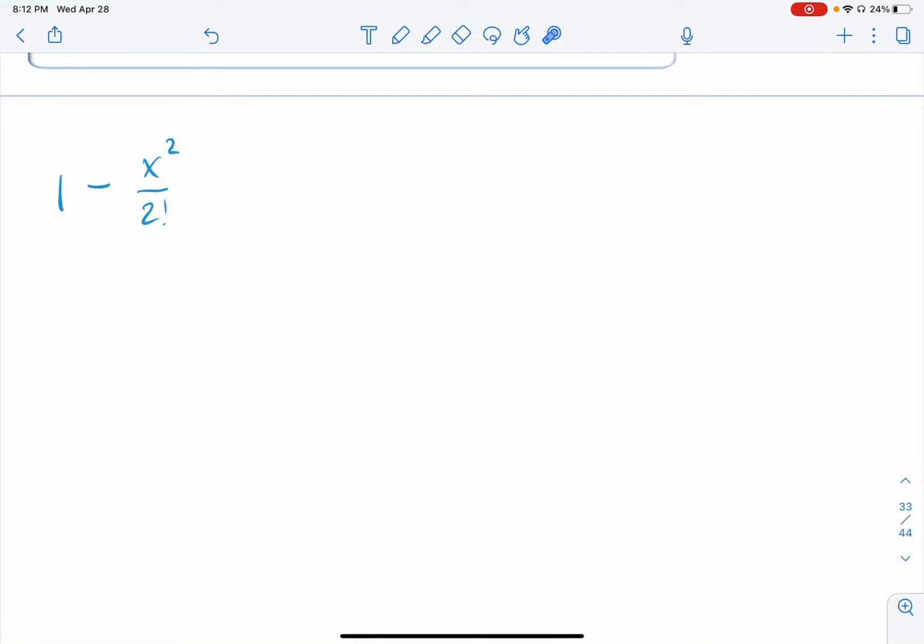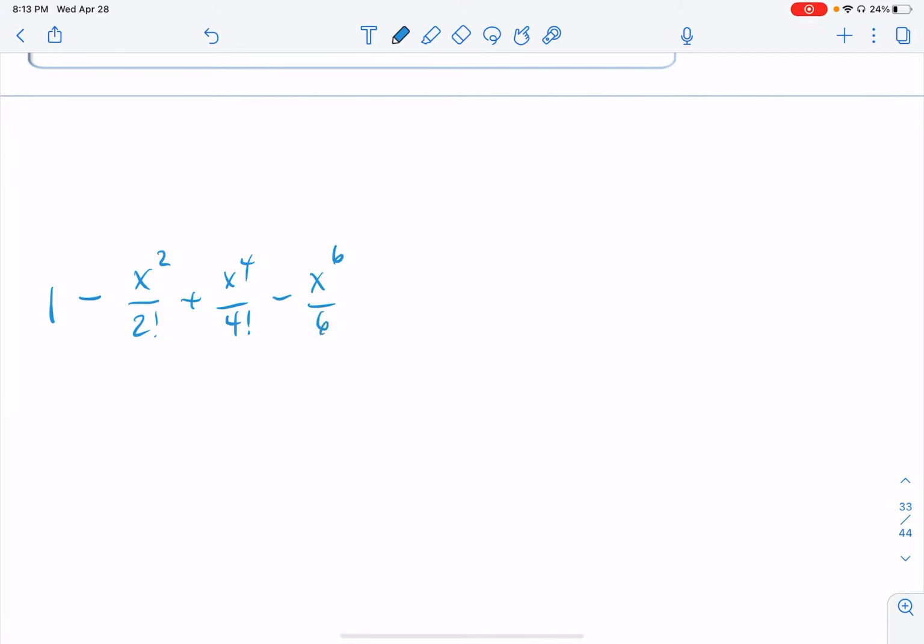I didn't leave myself any room to actually do this division. Let's scooch down. Okay, that's good. Next one is a plus x to the 4th over 4 factorial. And I probably won't need it, but just for fun, x to the 6th over 6 factorial, and then plus more terms. Divided into, maybe this division house isn't quite big enough. It needs to be bigger. There we go.